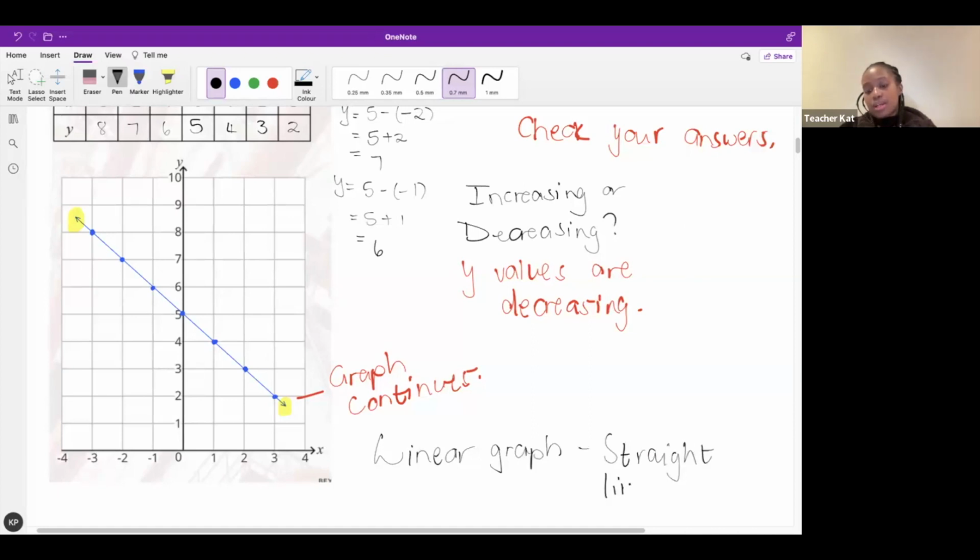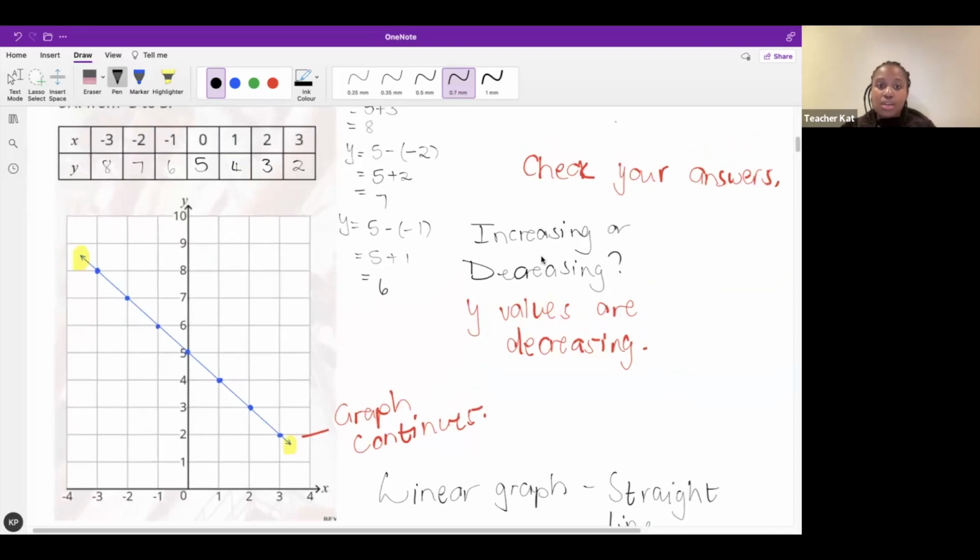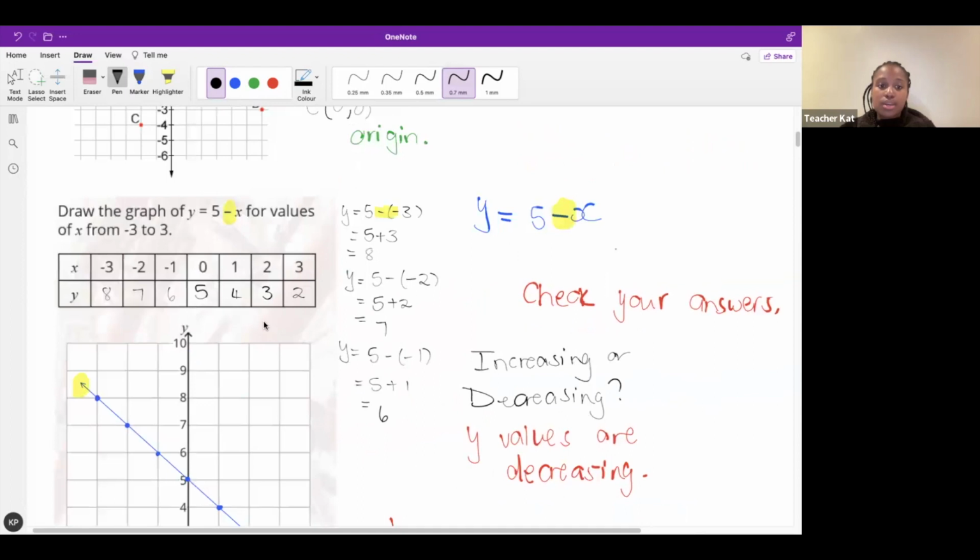Straight line. Now, once again, what about my formula would have told me that this is a straight line graph? We didn't have to draw it. You could have just looked at the formula and said, this is a straight line graph. What about this formula, y is equal to 5 minus x?